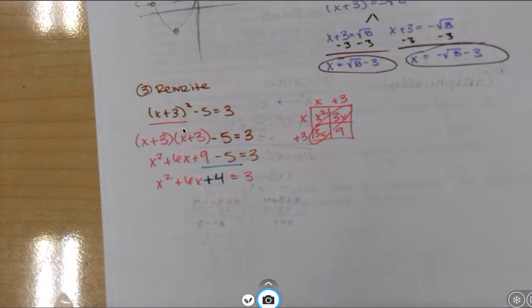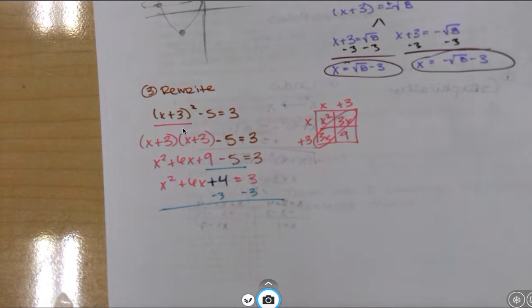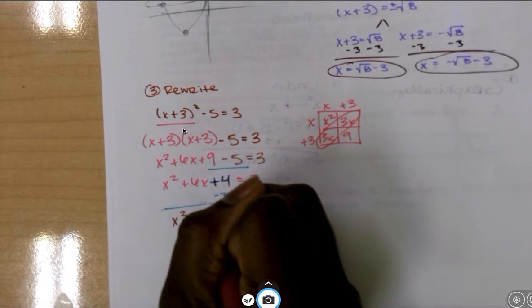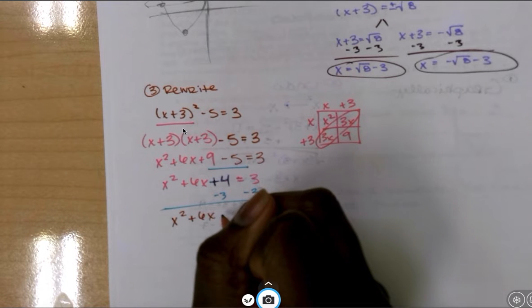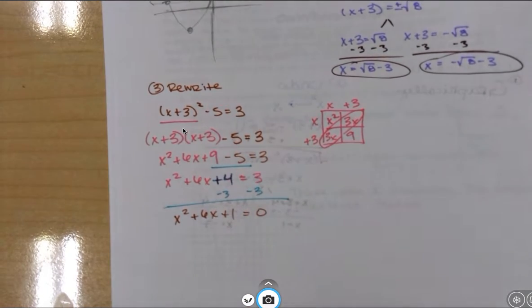So next I'm going to subtract 3 from both sides. The hope is that we'll be able to factor this. So I have x squared plus 6x plus 1 is equal to 0. And so now the hope is that we should be able to factor this, okay?